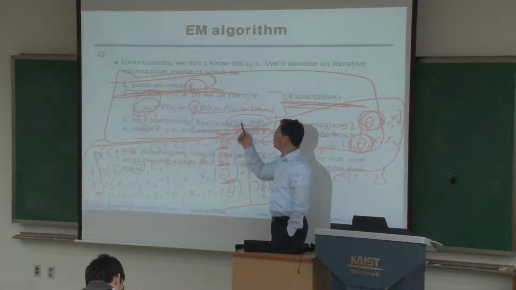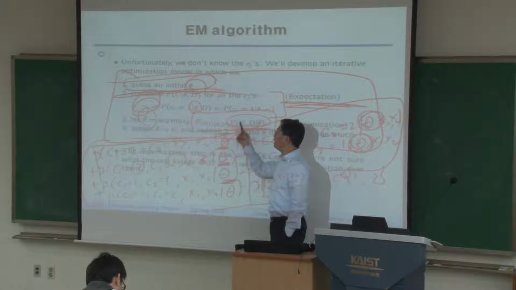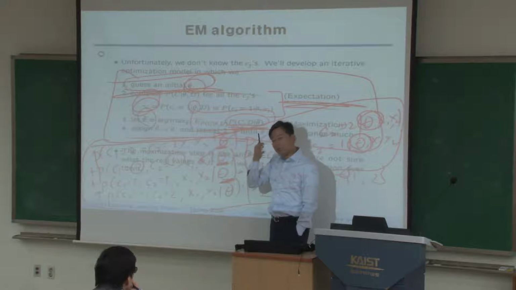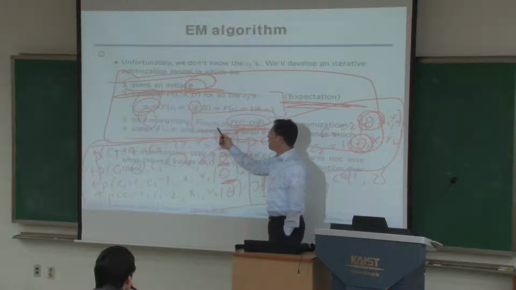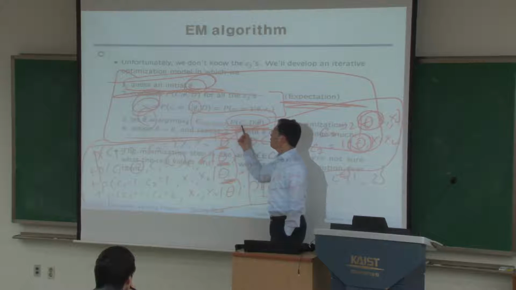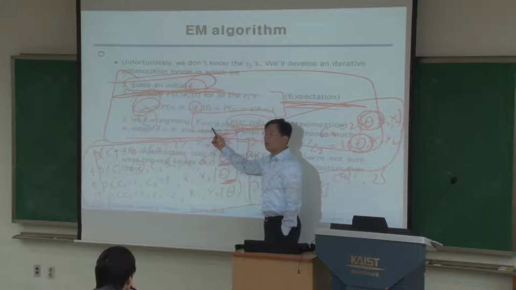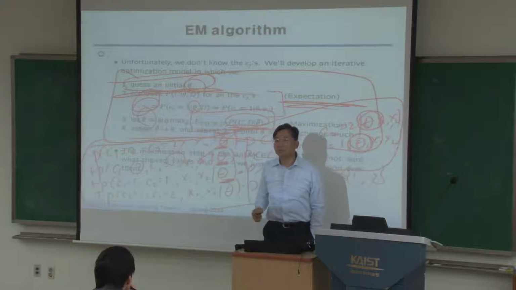Well, the label can be anything. Probability of the complete data over the parameters that we need to estimate, given that the probability of C is based on your initial guess.